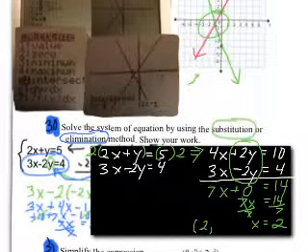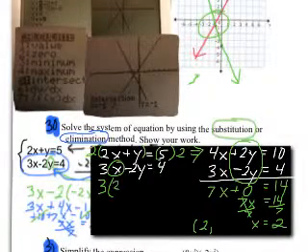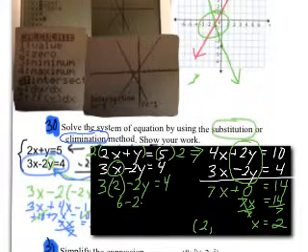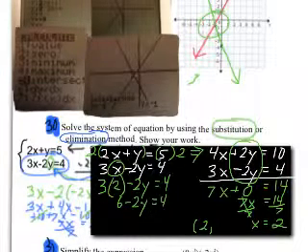We've got to stick the 2 into one of the equations. In this case, this one's available over here, so I'm going to stick it into this. So 3 times 2 minus 2y equals 4. So this way we can find out what our y is. So we get 6 minus 2y equals 4. And let's add a negative 6 to both sides.